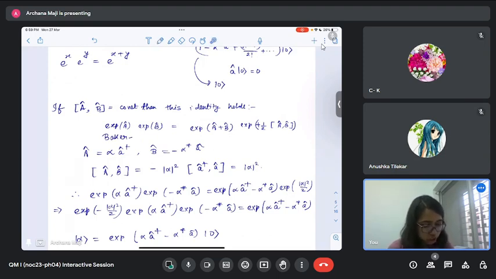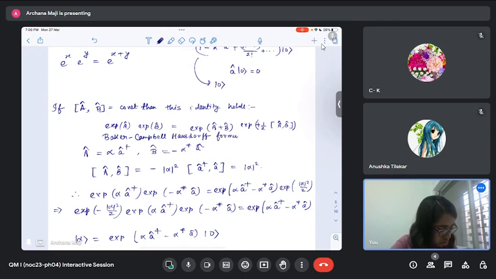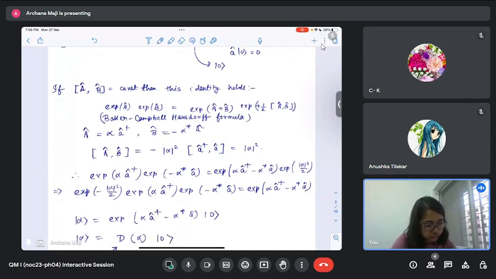And if the commutator is not constant, then there are additional terms. You can search for it and see what that identity actually is if you are interested.